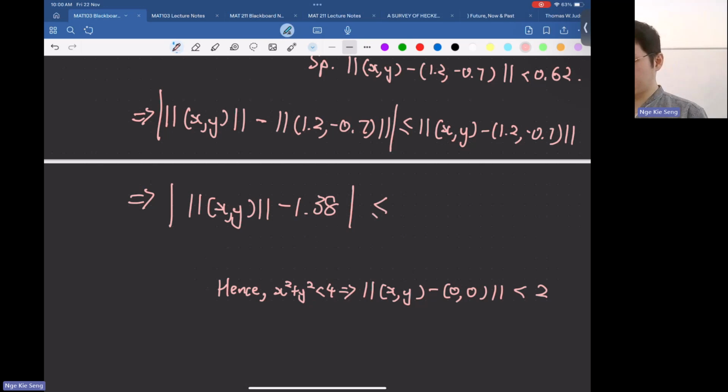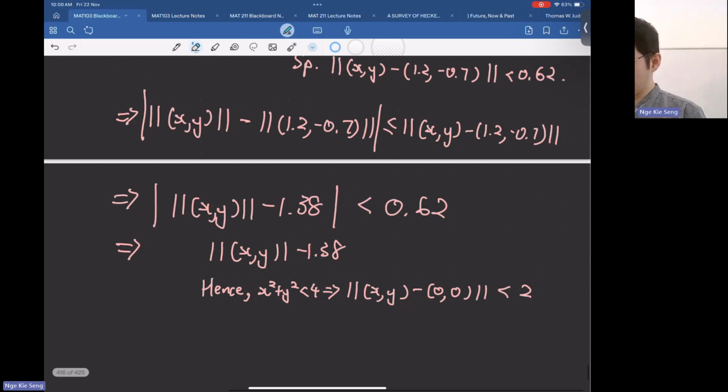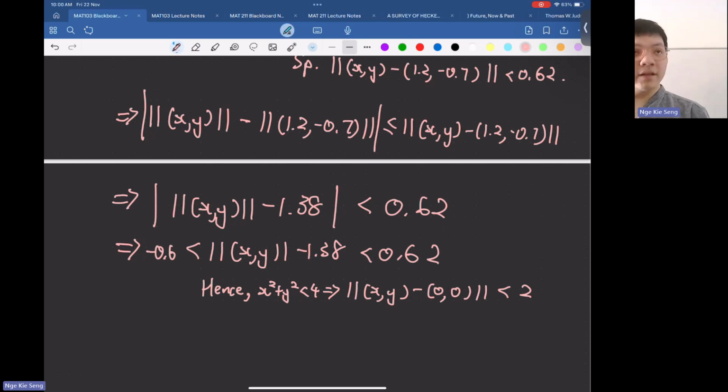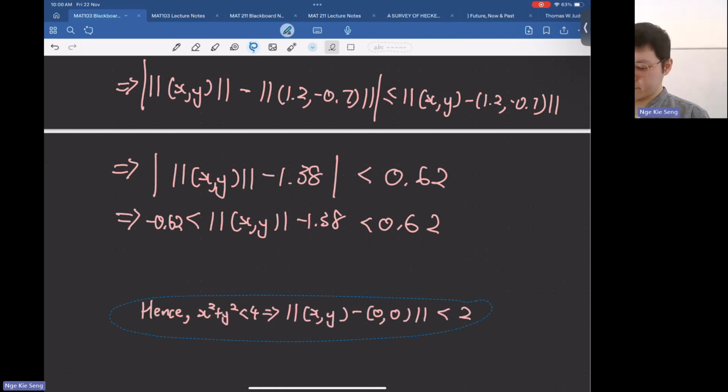Okay, this absolute value is less than 0.62. But this means what? The difference here should be strictly less than 0.62 and greater than minus 0.62. But if you move 1.38 to both sides, what do you get?